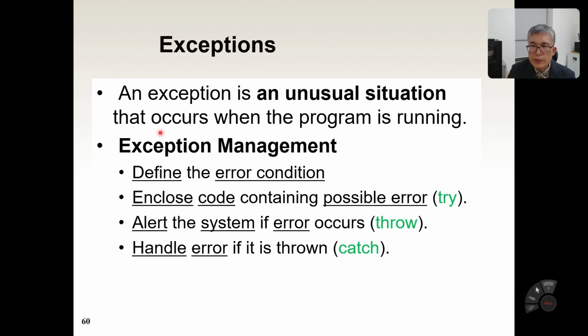The next topic is about error handling in C++. Exceptions. An exception is an unusual situation that occurs when the program is running. So exception management defines the error condition: it includes code containing a possible error using try, alerts the system if an error occurs using throw, and an error handler, the catch statement, handles what is thrown.